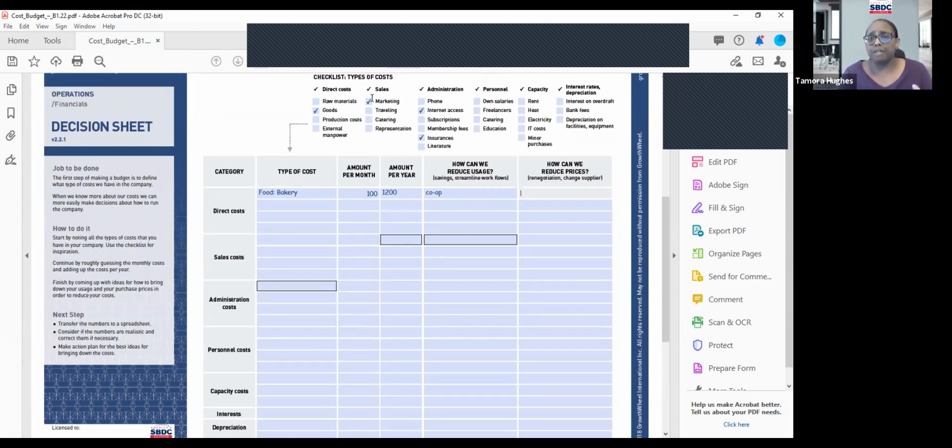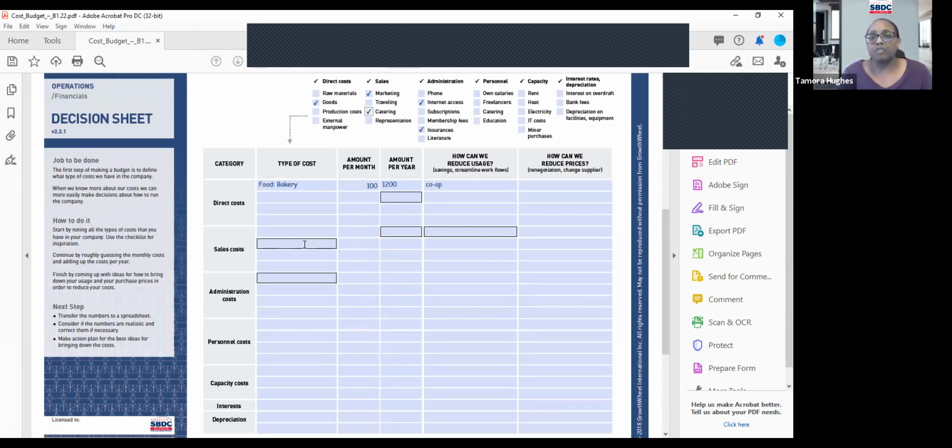Again, you can use the categories up here, since I was talking about food. So any sales costs. So maybe with this type of cost, it is the marketing, it's the flyers, it's whatever I'm doing, my website, that kind of thing.